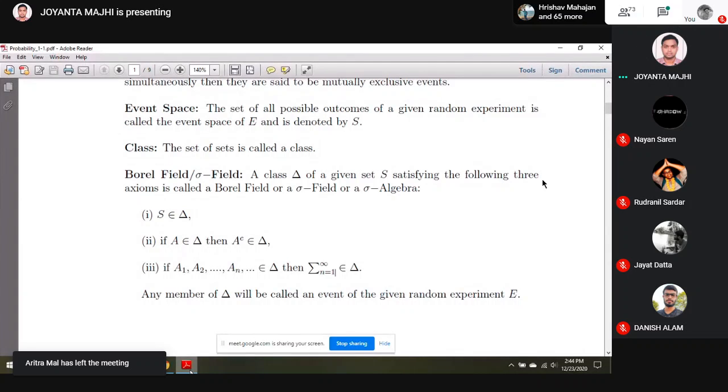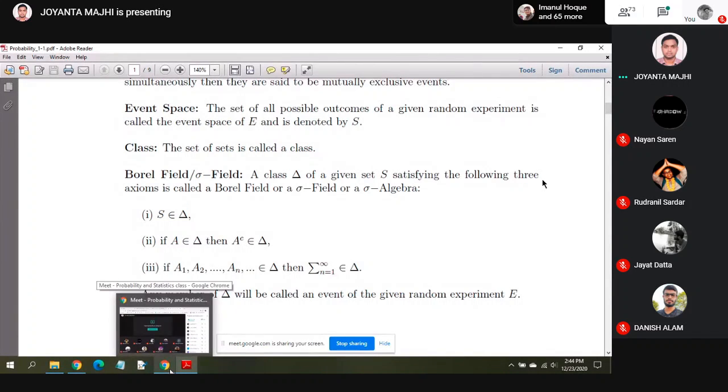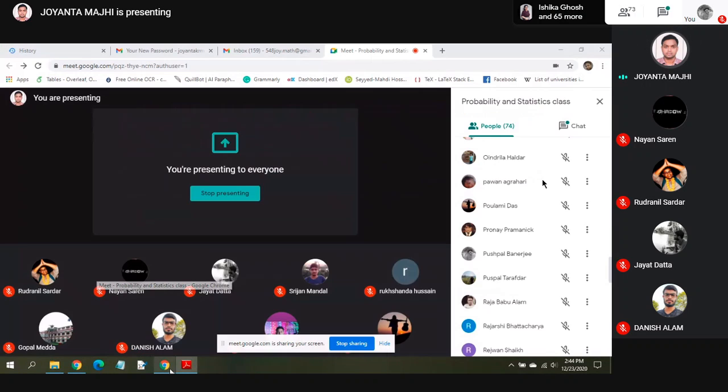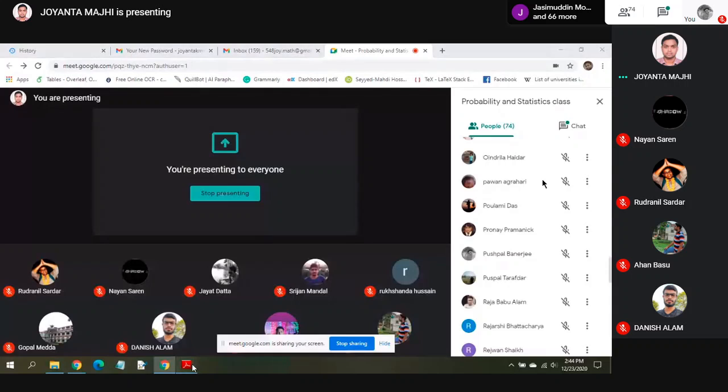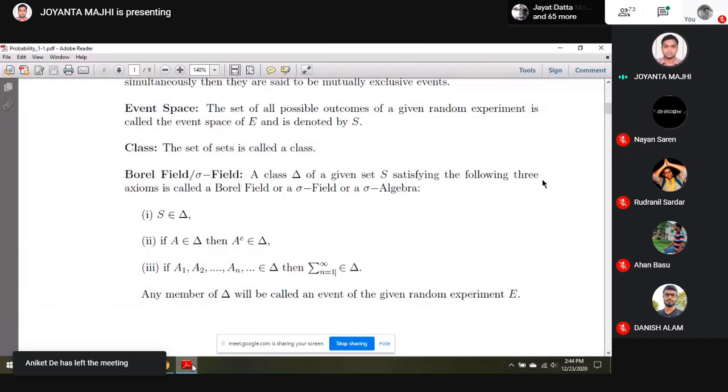If A1, A2, and so on, infinitely many sets belong to delta, then their countable union also belongs to delta. Then we call the class a sigma field.